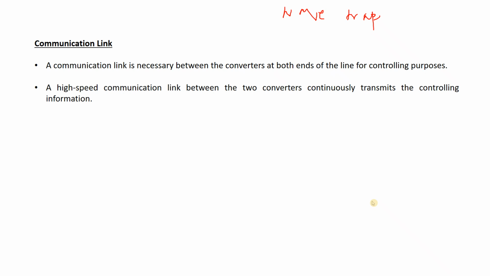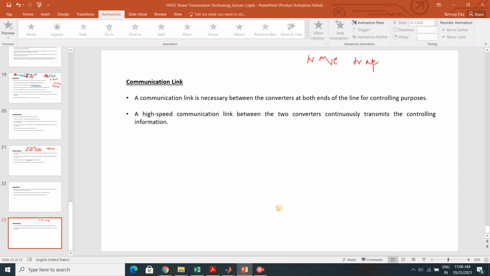That is why radio signals are used here. Wireless radio communications are used from one converter station to another converter station for HVDC transmission.